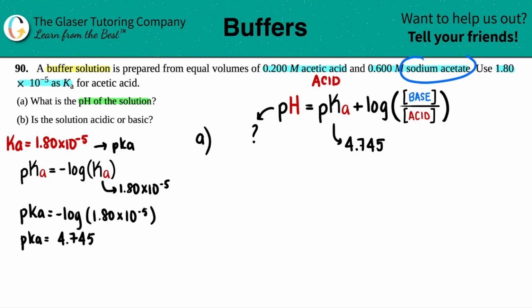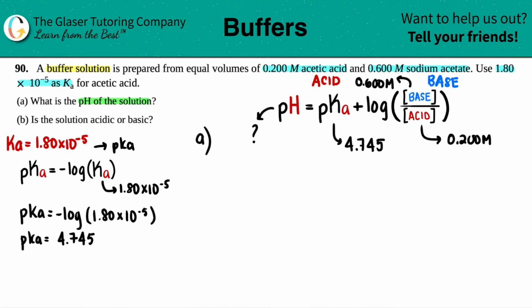Which means that sodium acetate, if we don't know, just know that if you pick one as one, the other one has to be the other. Technically, sodium acetate is a salt, but the acetate ion is the basic property, but you don't need to know that in order to answer the question. So as long as you can pick the correct numbers, the acid value is going to be the 0.200 molarity, and the base value is going to be the 0.600 molarity.